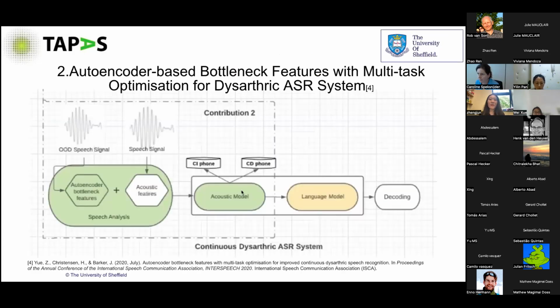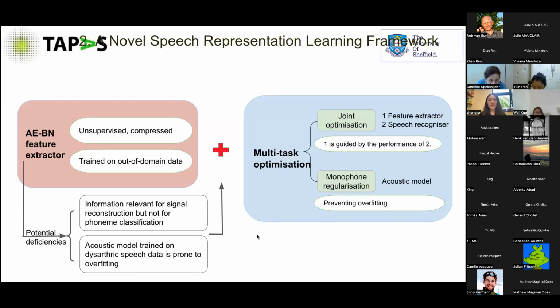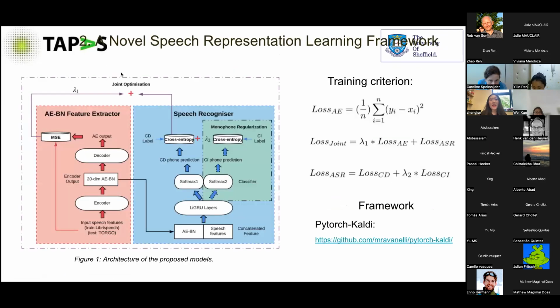So in this work I focus on using the state-of-the-art acoustic models, called LiGRU layers, and also explore different speech representation extraction strategies. This is the architecture of this work. On the left is the feature extractor, and on the right is the speech recognizer.